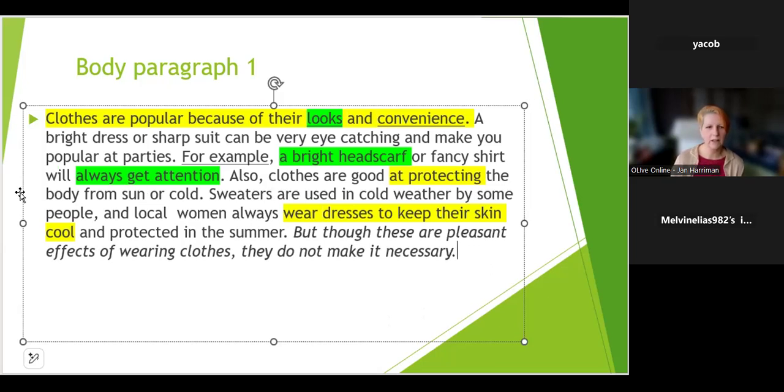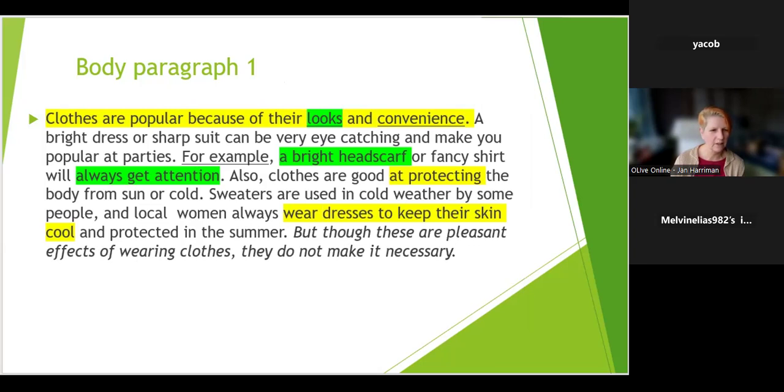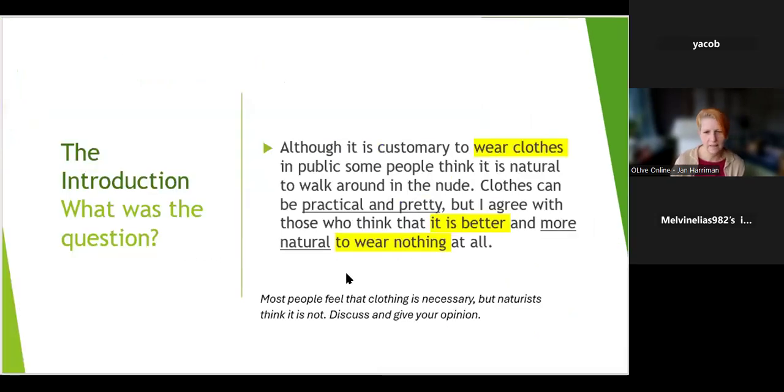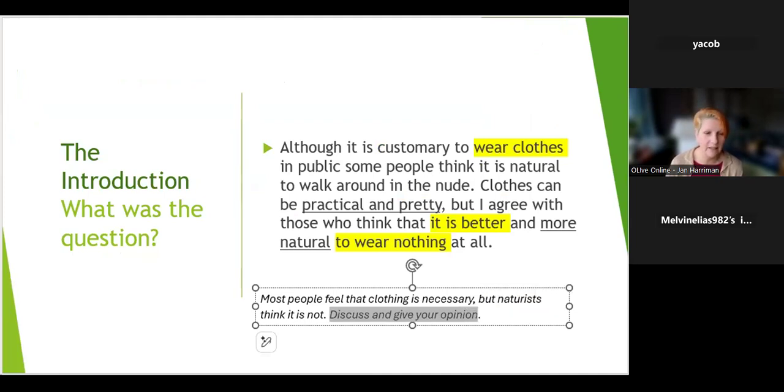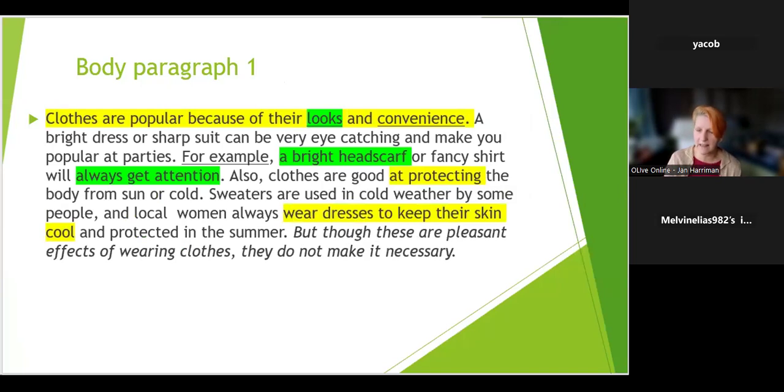Remember in the question, where's the question? There we are. In the question, we have to discuss and give your opinion. Remember at band 7, when we looked at the guidelines, you have to state your opinion and support it throughout the essay.